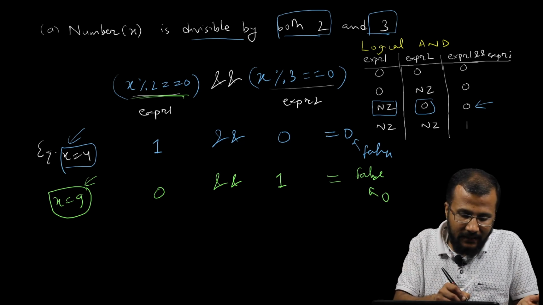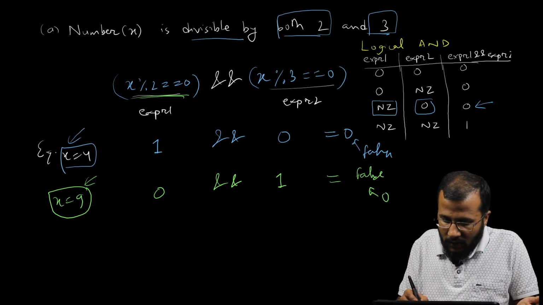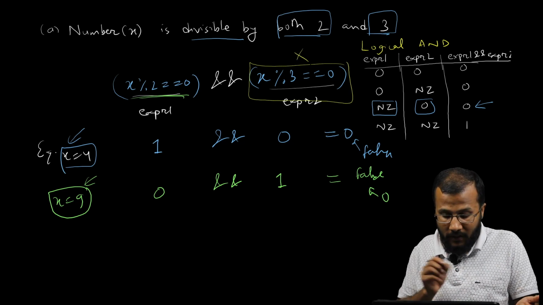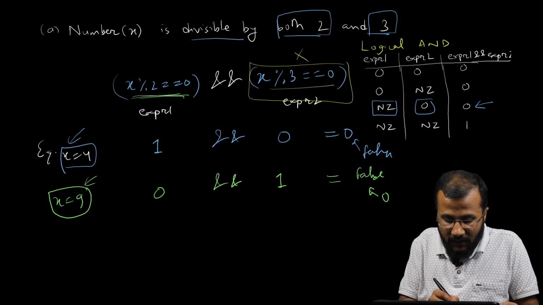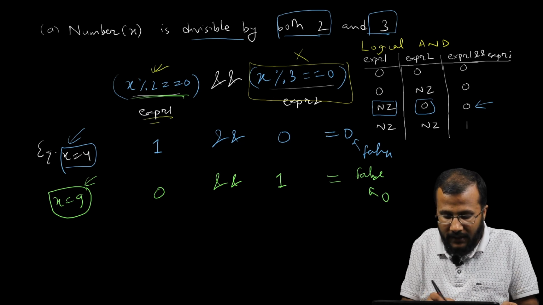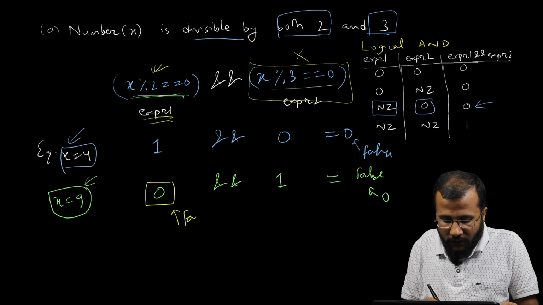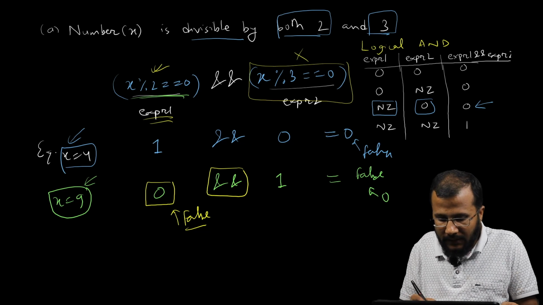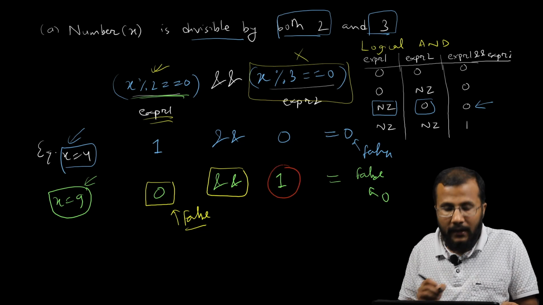Now in this case, in C, this second expression is not evaluated at all whenever x is 9. Because whenever x is 9, first of all, expression 1 is evaluated, and we have got the answer as 0, that means false. Now, whatever may be the right hand operand of the ampersand, that is logical AND, whatever may be there at the right hand side, it does not matter.